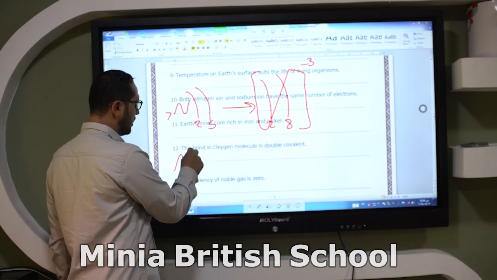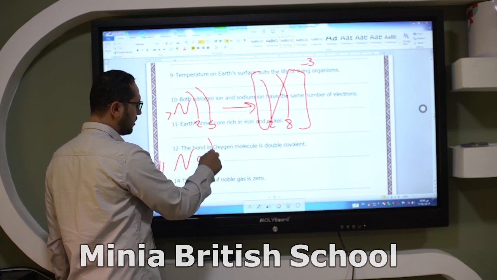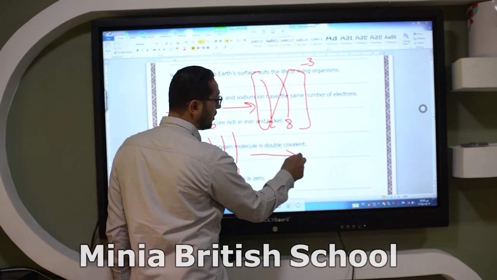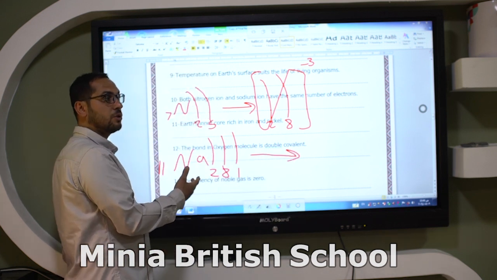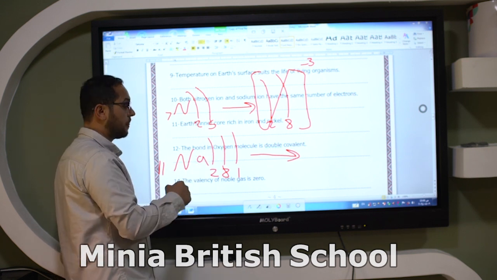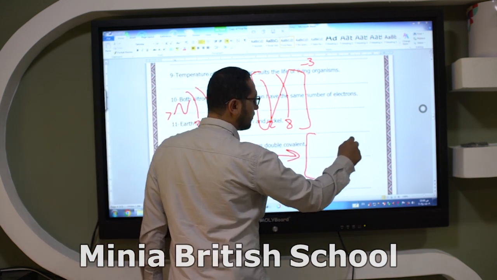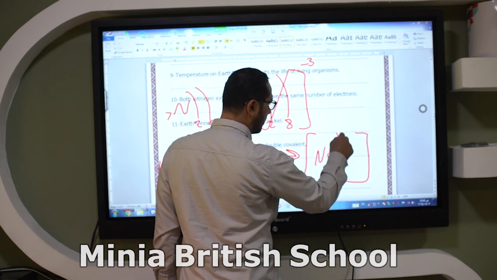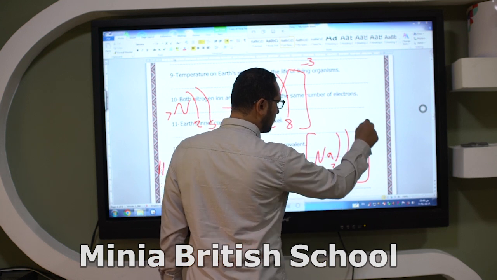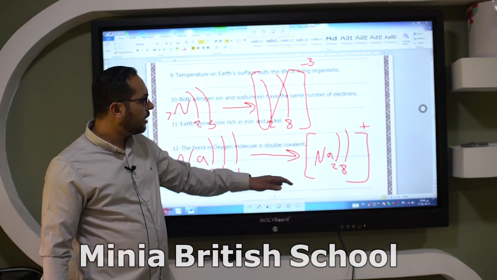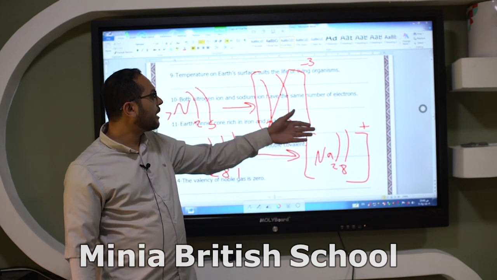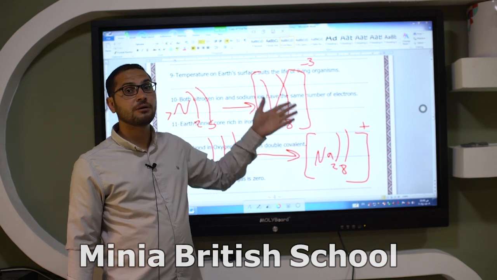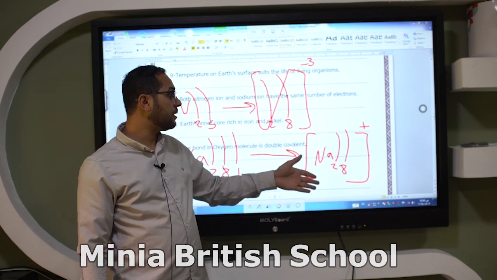Sodium Na 11 is 2, 8, 1. This is a metal, so it will change into a positive ion and it carries 1 positive charge, Na+, 2, 8. Okay, look at the ion of sodium and the ion of nitrogen. They have a similar number of electrons.